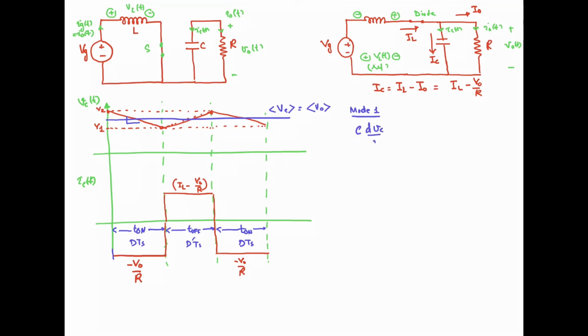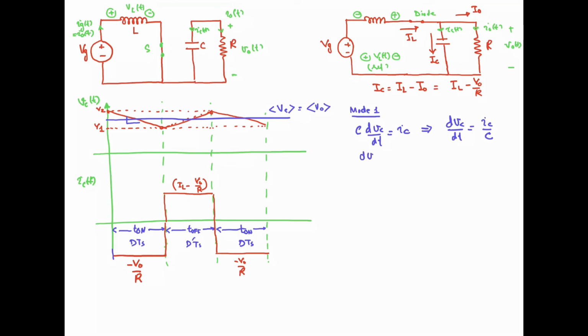C dVc by dt, that is the capacitance times dVc by dt, is equal to your capacitor current. And so from here I can write that dVc by dt is equal to the capacitor current divided by the capacitance. So that is the slope of the voltage, the rate of change of voltage across the capacitor.